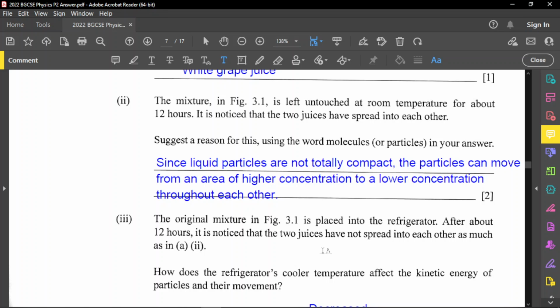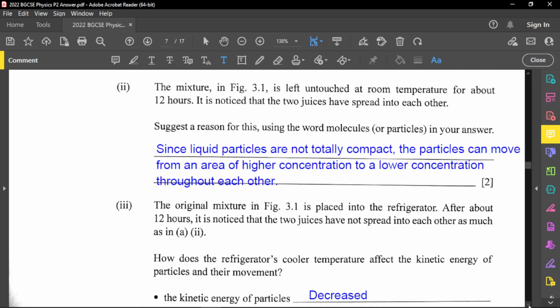Now for part 3, it said the original mixture in figure 3.1 is placed into the refrigerator. After about 12 hours, it is noticed that the two juices have not spread into each other as much as in A2. So how does the refrigerator's cooler temperature affect the kinetic energy of the particles and their movement?